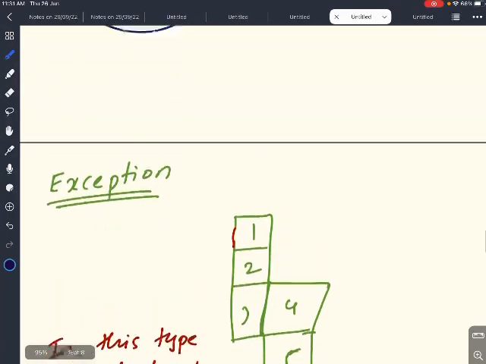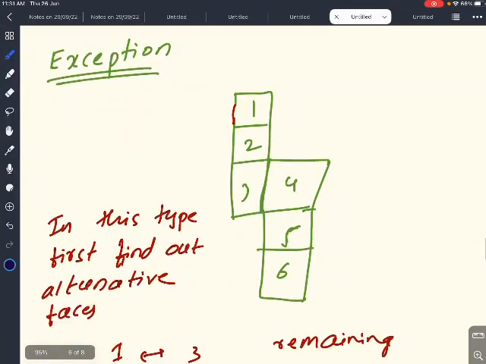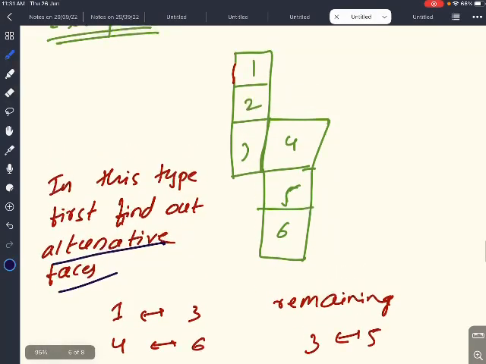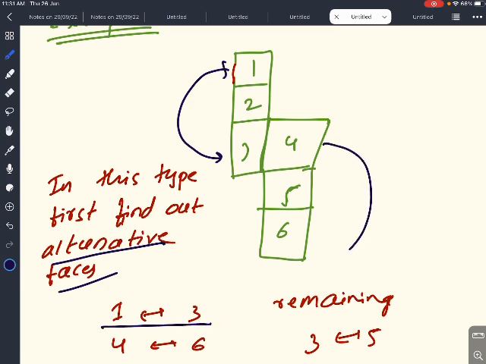One exception: in this type, first find the alternative faces. If you have difficulty finding which one is the extension part, go to the alternative faces. 1 is alternative to 3, so 1 and 3 are opposite to each other. 4 is alternative to 6, and the remaining 3 and 5 are opposite to each other.